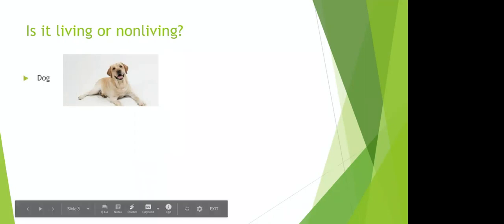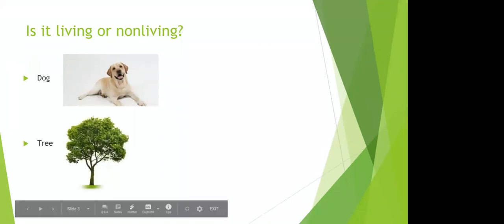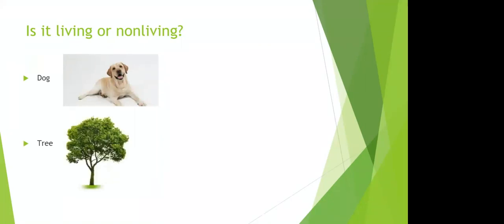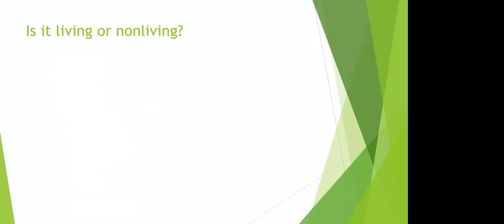because it has changed. So let's look and see. A dog, is it living or non-living? Well, it's living because it's breathing, isn't it? What about a tree? It's living, isn't it? Because it has grown and changed.